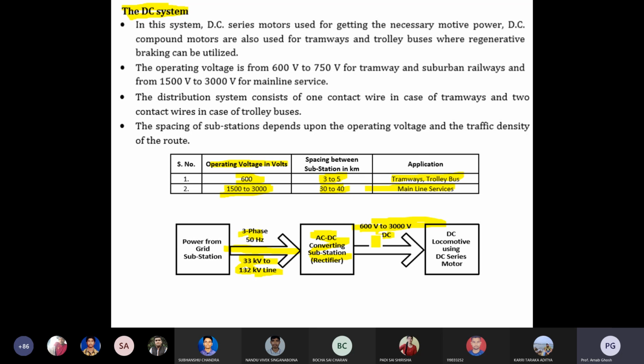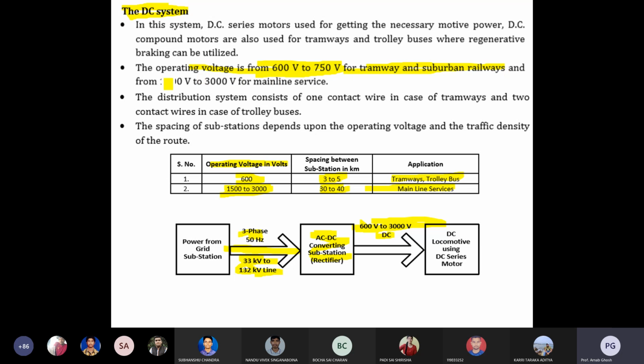And for normal EMU, small EMU, we are using 600 to 750 volt. Okay, so their operating voltage is 600 volt to 750 volt for the normal line. Okay, urban and suburban railway.